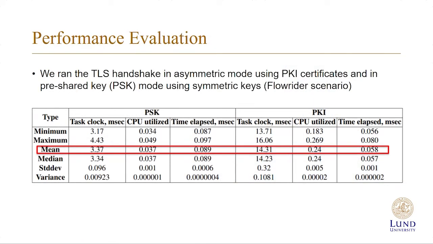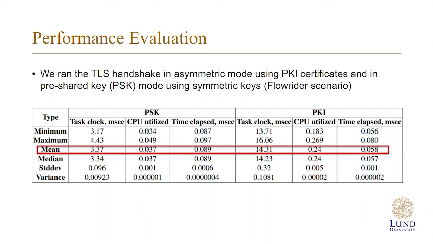And here you can see the results of our tests. In our experiments, we ran the TLS handshake in both PKI mode with PKI certificates and also in PSK mode with the use of Flowrider scenario.